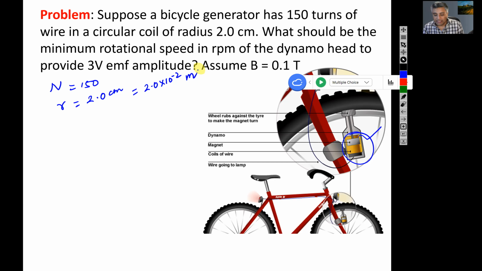Is radius relevant for this problem? If we know the radius of the coil, we know the area of the coil, right? So that means area is given, indirectly: pi r squared.